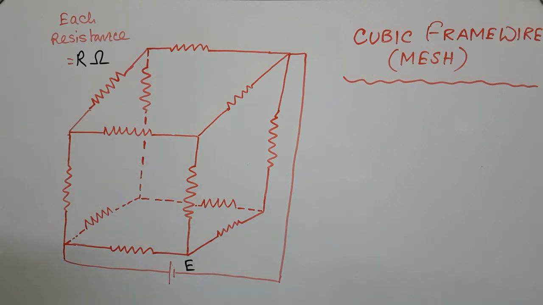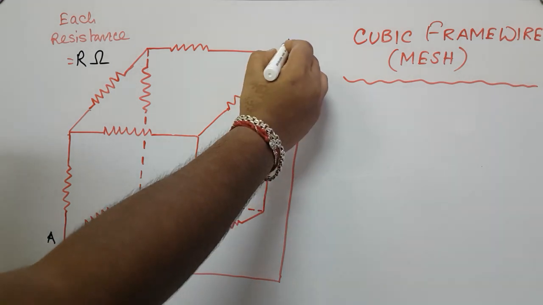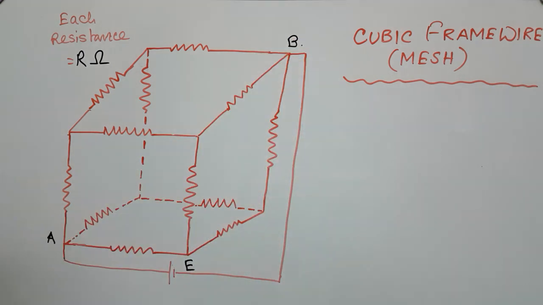So let's name this one A and this one B. We need to find the equivalent resistance between A and B. So how to start?